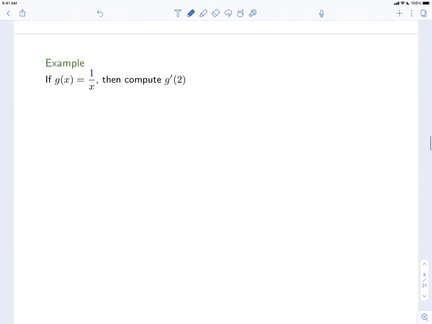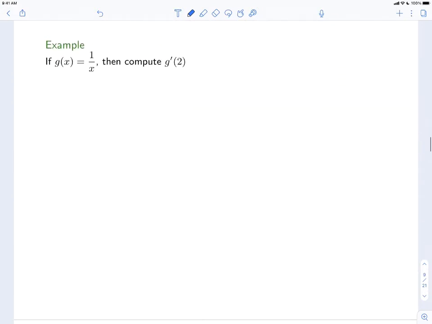Let's do another example. If g of x is 1 over x, then compute g prime of 2, that is, the derivative at 2. So again, we just write down the derivative using its definition. The limit as h goes to 0 of g at 2 plus h minus g at 2 divided by h.